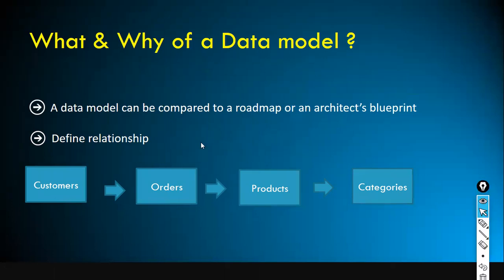redundancy. To avoid the redundancy, we don't store the product name in the orders table, and also we don't store the customer name here. Instead, we store the customer name along with the customer ID in the customer table. Similarly, we store the product name along with the product ID in the products table.